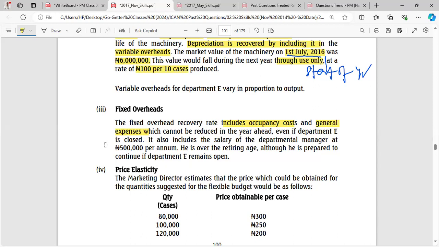Even if you close down Department E by producing nothing, you will still incur those costs. It also includes the salary of the departmental manager at 500,000 naira per annum. He is over the retiring age, although he is prepared to continue if the department remains open.